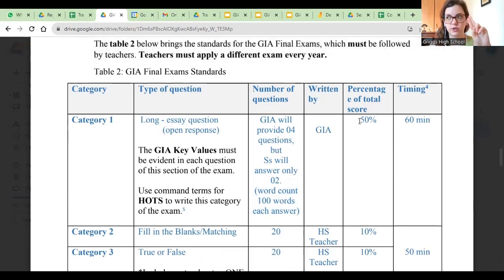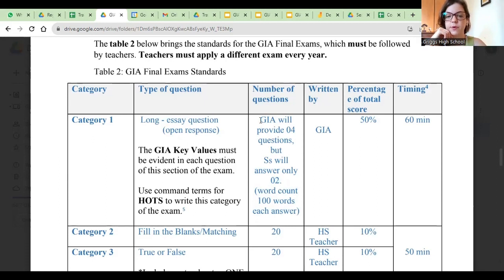These 2 questions are worth 50% of the grade, which is a lot. If the exam is worth 25% of the grade, that means that 2 questions of the exam are worth 12.5% of the final grade. So it's quite important. These 2 questions are actually worth more than all of the homework assignments, for example.